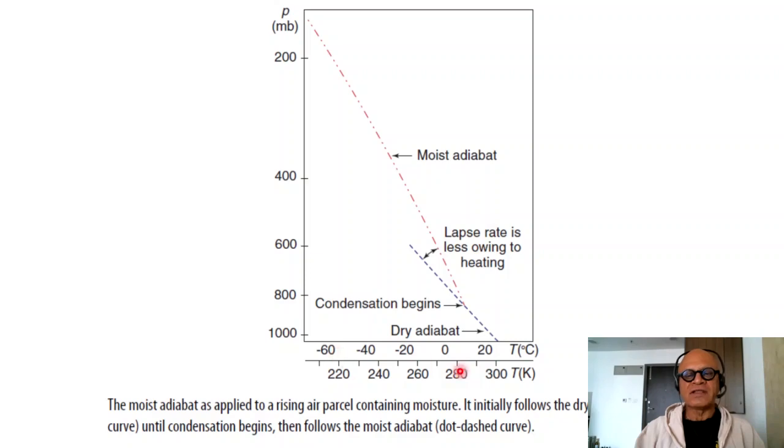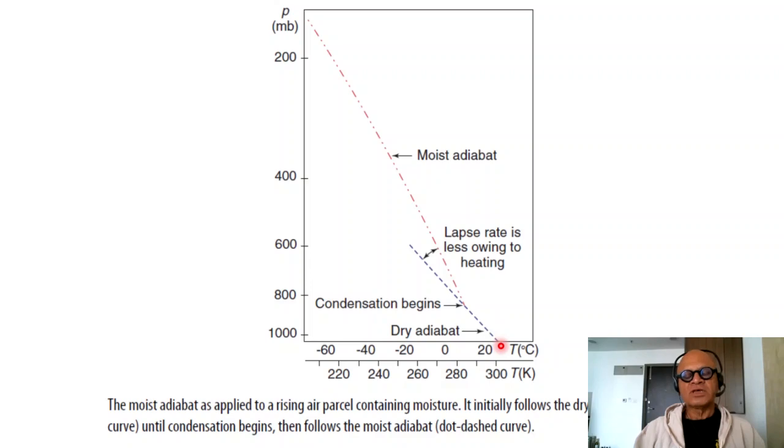So if you look at again temperature versus pressure in the vertical, as we said, the z and p coordinates are used almost interchangeably. So when the air parcel begins to rise, it may have moisture in it, unless you are in a desert and moisture is basically negligible.